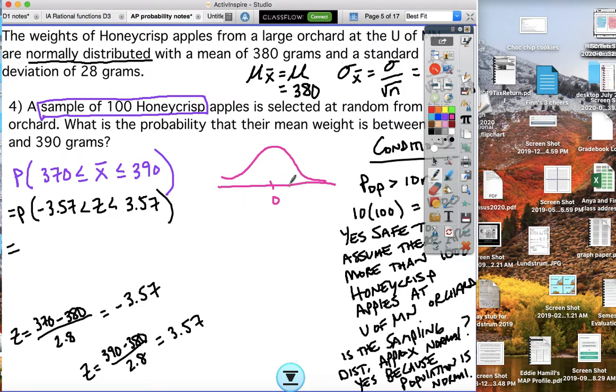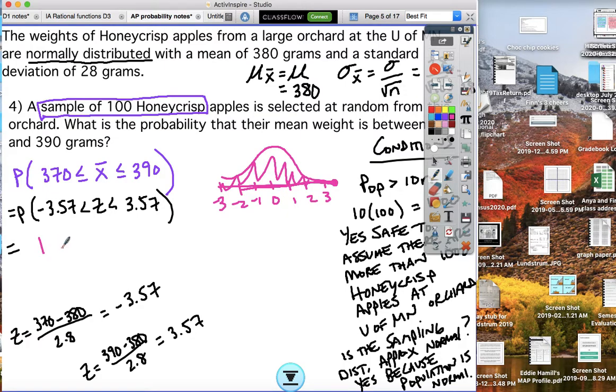Okay, so typically we go up to 3 standard deviations above and 3 below. Now, if our z-score is at 3.57, that means we're about here. And what we do is we calculate the probability that z is less than that. Well, being less than that is everything. That would fill up this entire picture.